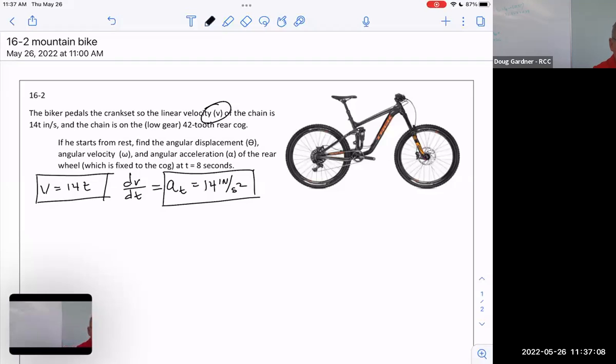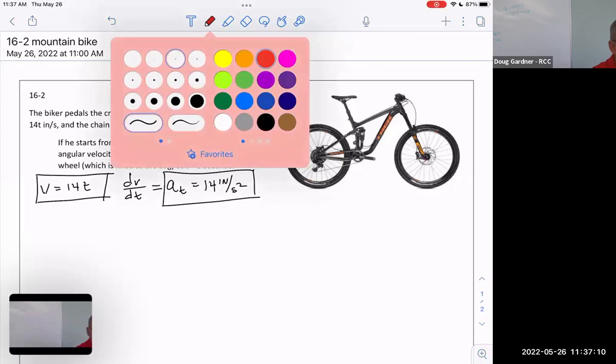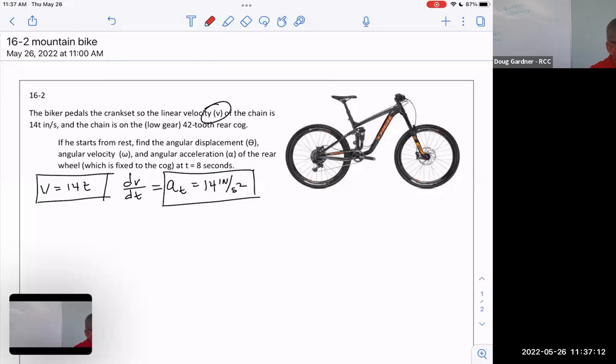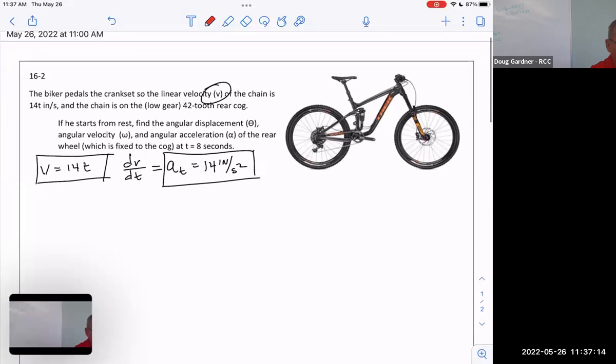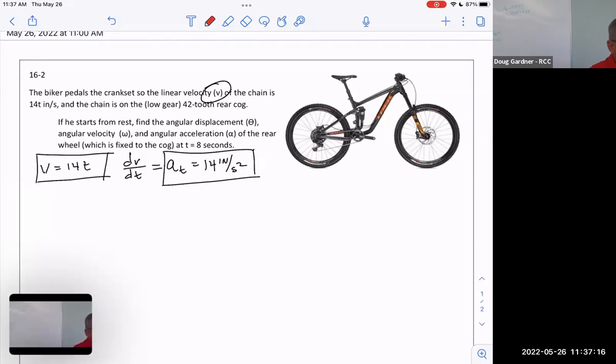So let's just figure some random stuff out here. I said a second ago that that was a 42 tooth cog, and we said that was based on the measurement of a half inch per tooth. So does it make sense? That makes it a 21-inch circumference.